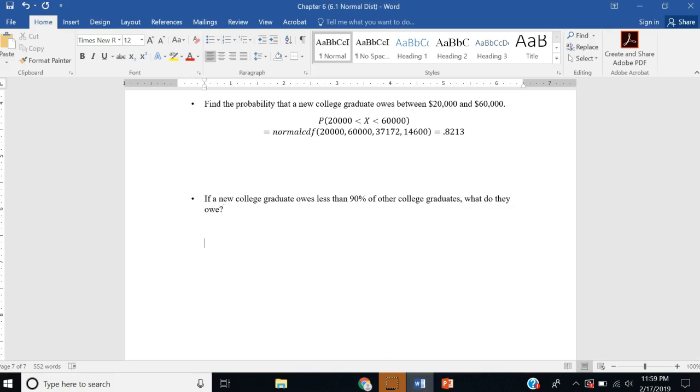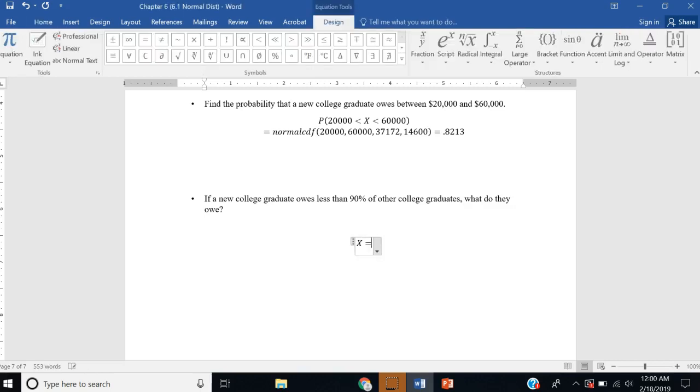Let me write that down. So the x value we're looking for is going to be an inverse norm. The area from negative infinity up to that value is 10%. Again, 0.10 when you type it in. 37,172 is the average, and the standard deviation is 14,600.